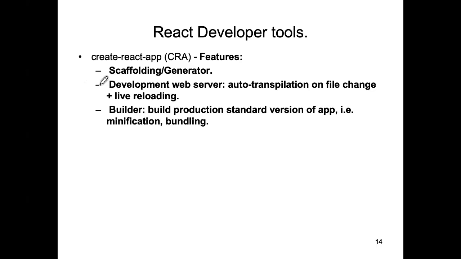That's the way we modularize it. And component files may be referring to other component files. As a developer, you're making changes to JavaScript files, and every time you save a file, the web server will pick up that fact, and it will automatically transpile that code.